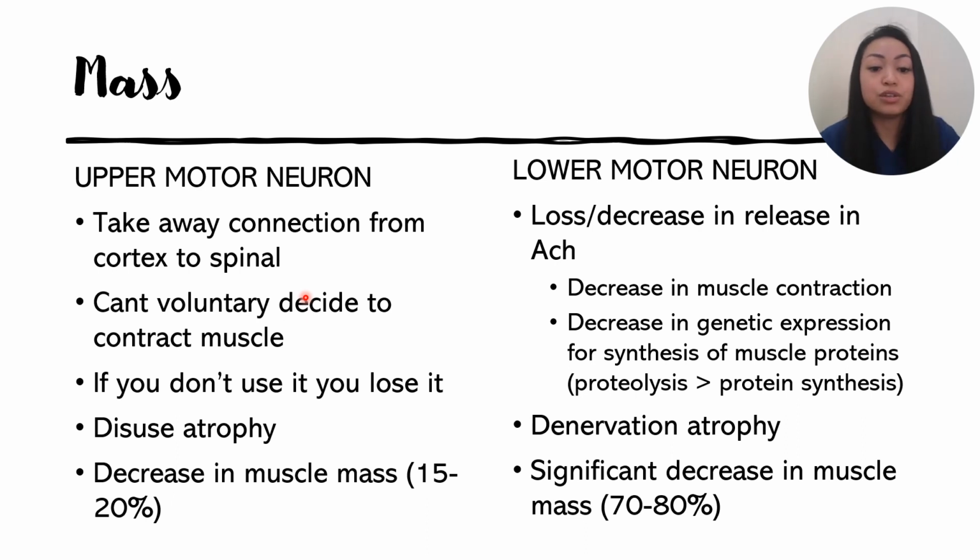So in terms of muscle mass, in upper motor neuron lesions we see a decrease. It's not a very significant decrease compared to lower motor neuron lesions, but it's still a decrease in muscle mass of about 15 to 20%. Okay?